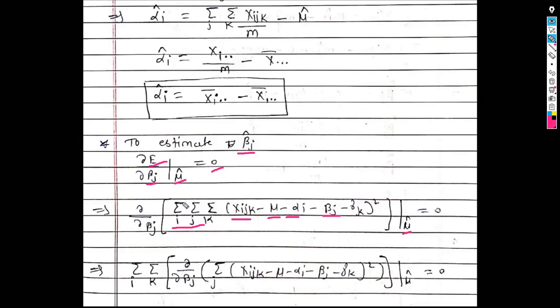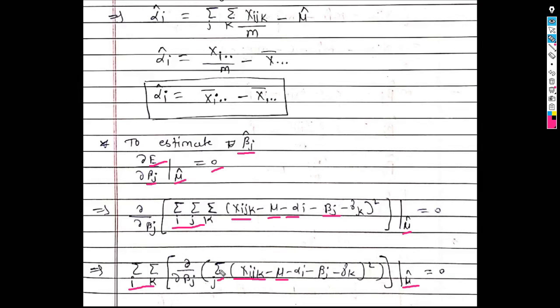Now take the summation over i and summation over k outside the derivative sign. So we get the summation of ∂/∂beta j of the summation over j of (xijk minus mu minus alpha i minus beta j minus gamma k) whole squared, under mu hat, equated to 0.